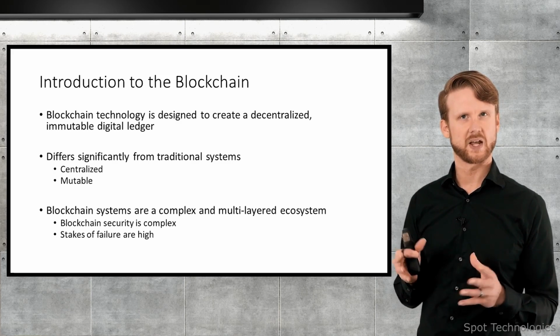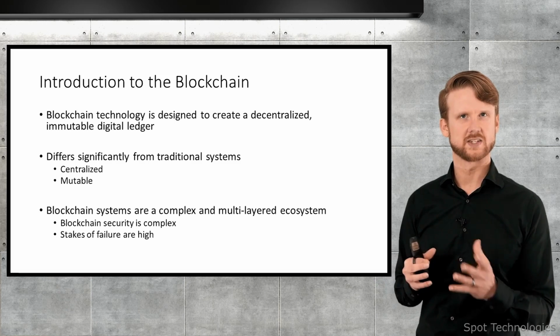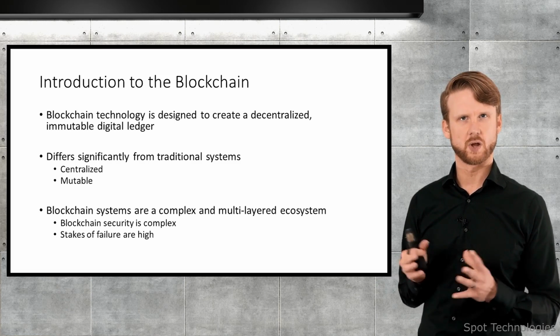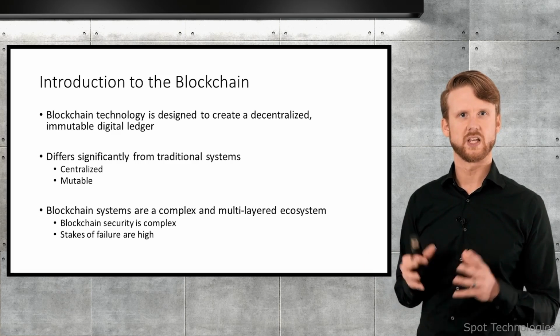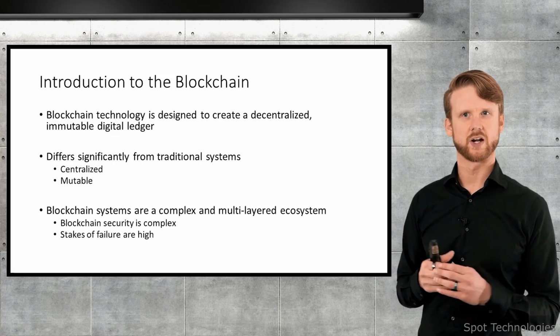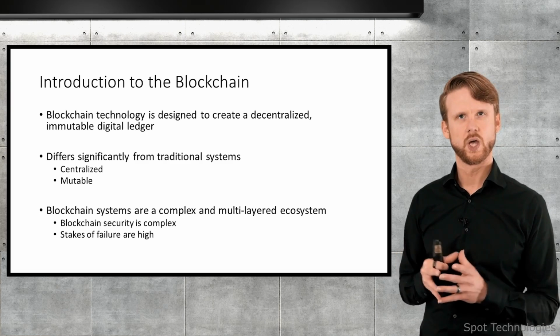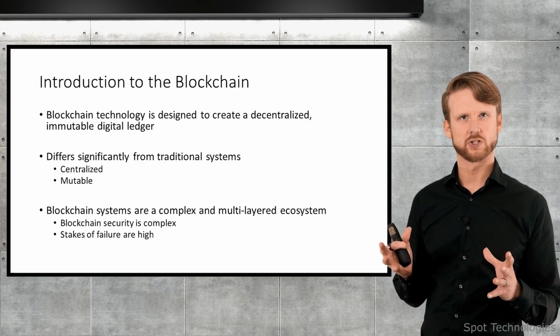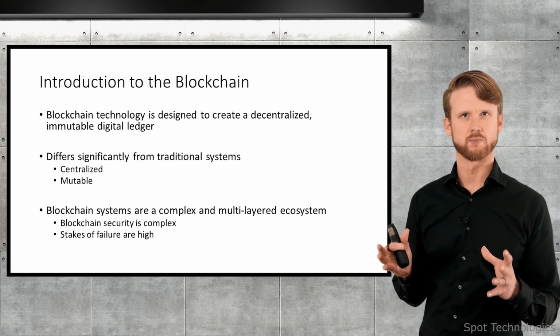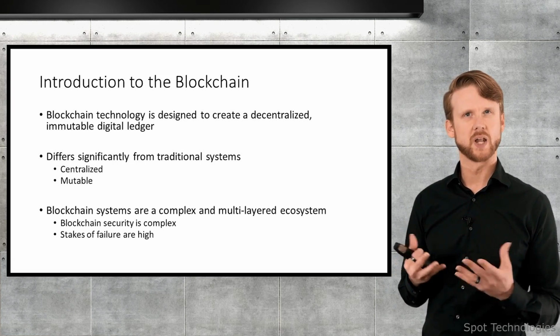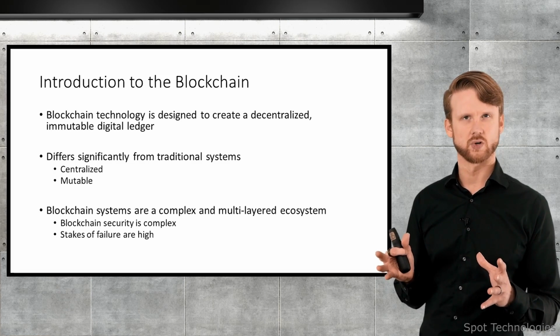And so that has its benefits, but it also has its downsides, because authorized changes can be undone as well if it's determined to be invalid, etc. And so with traditional financial systems, you're relying on a centralized authority to essentially make sure the system works like it's supposed to. Blockchain eliminates that centralized authority.